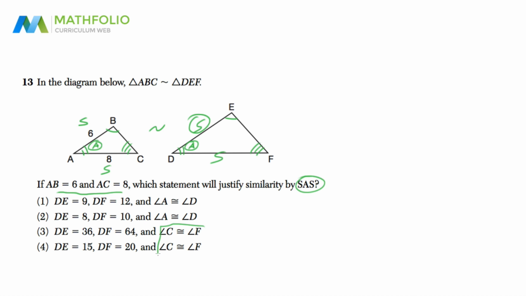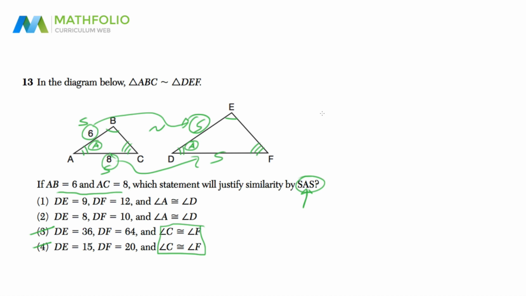Now if you look here, 3 and 4 are saying C and F. Well, C and F is not the angle between the two sides, so it can't be 3 and it can't be 4. So we're narrowing it down. The other thing that we need to know is that these sides here must be in the same ratio.